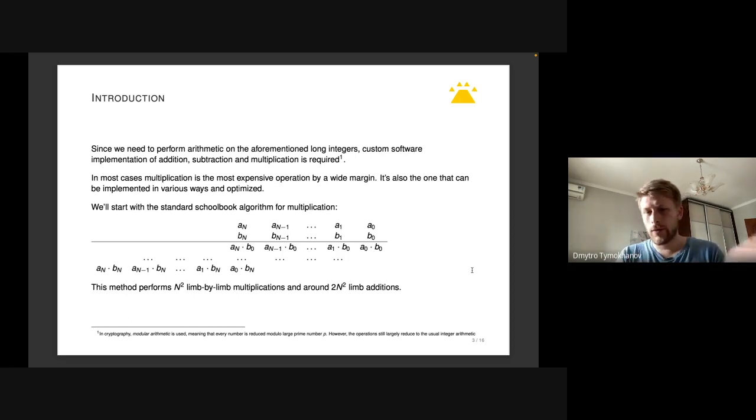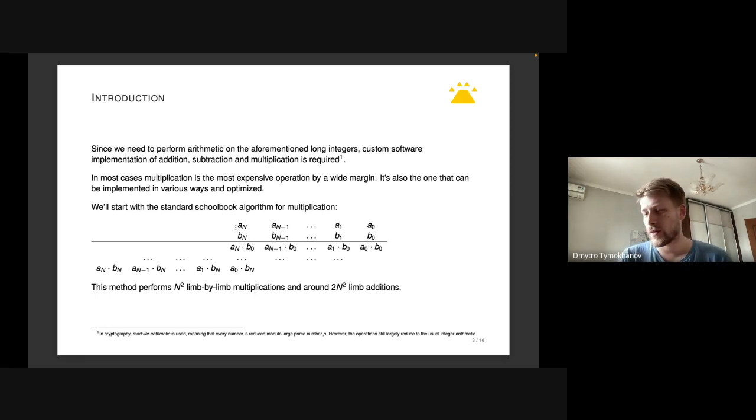And here is just the formula we all know from school, the multiplication. By the way, do you see my cursor? Can I use it to point? Yeah, okay, perfect. So this is what we call a schoolbook multiplication throughout the slides.